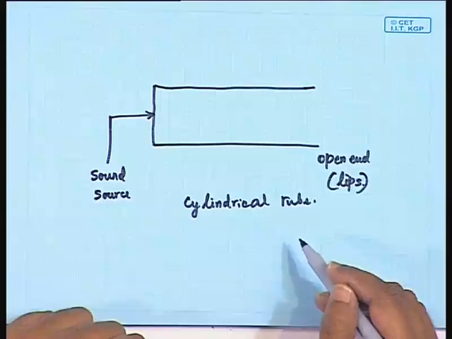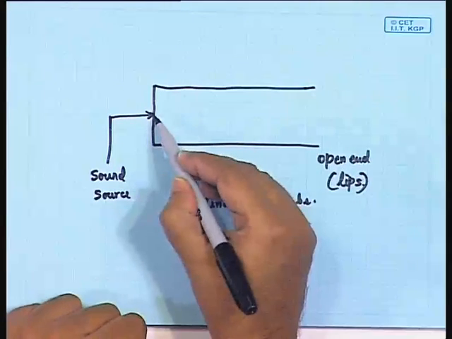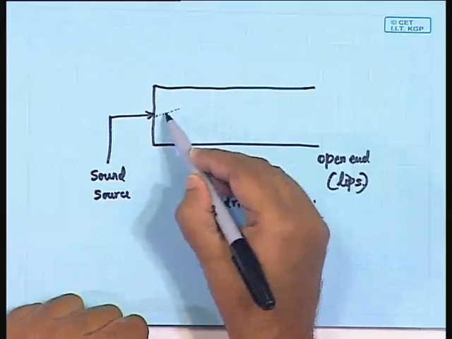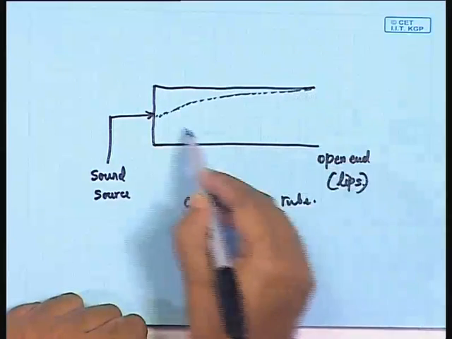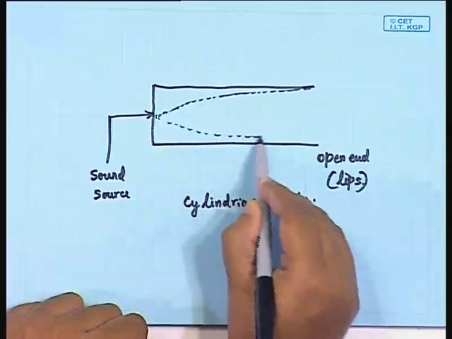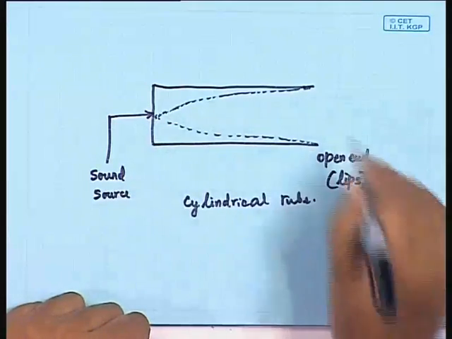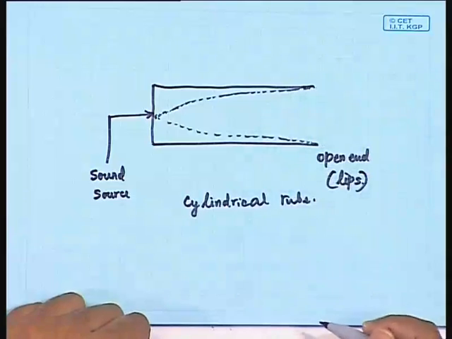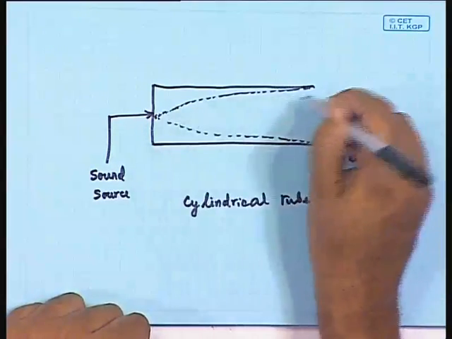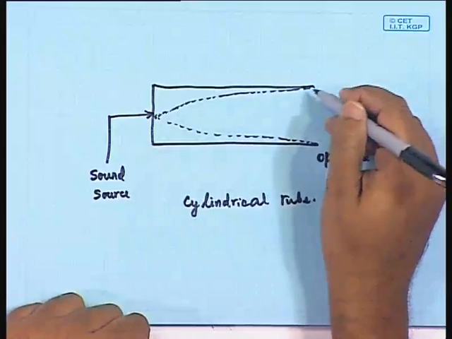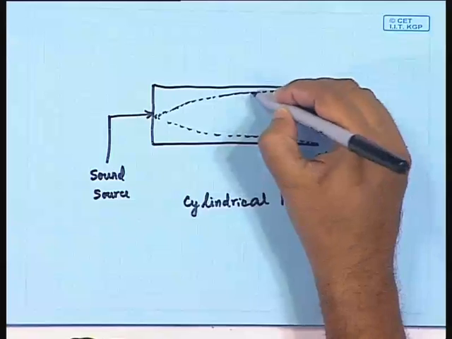you can imagine it like an organ pipe, and its first resonance would occur like this. You can see that here a node will be created and here an antinode will be created. As a result, we will have the first resonance, which would look like this.